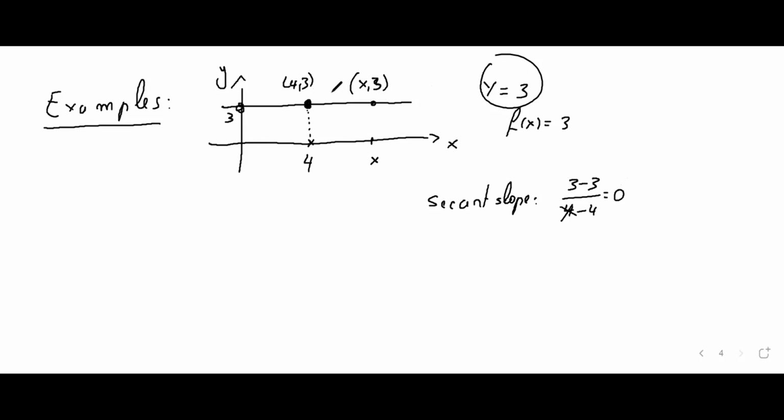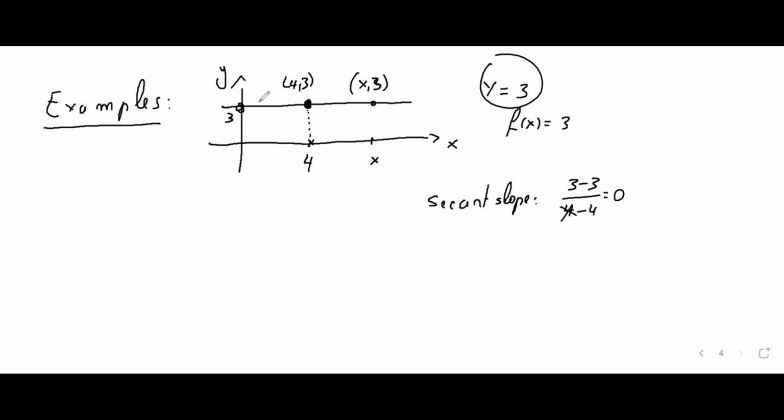You already knew that because this line has constant slope 0. It's a horizontal line. So when you take a limit of zeros at x equals 4, the slope will be 0.